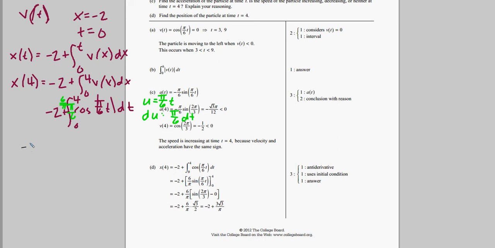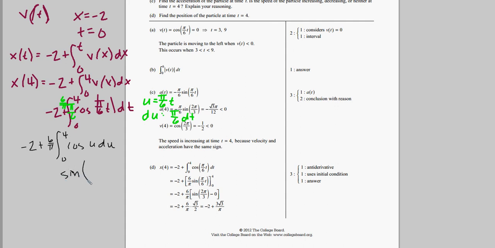So I have negative 2 plus 6 over pi times the integral from 0 to 4 of the cosine of u du.